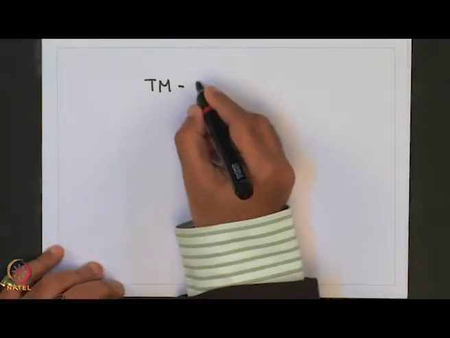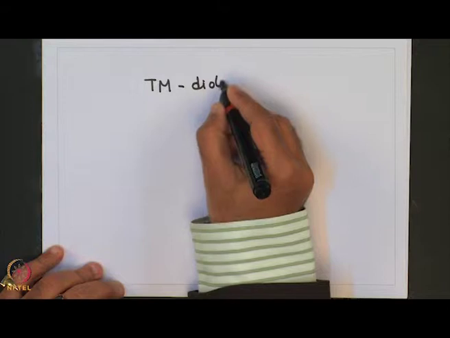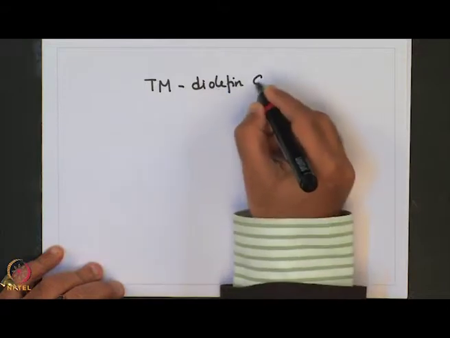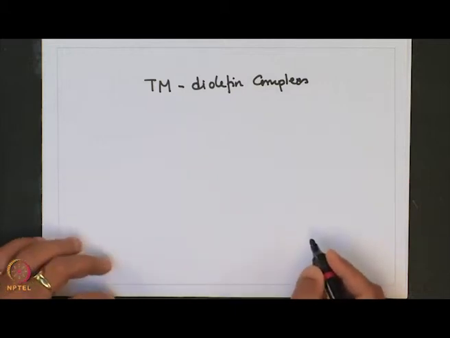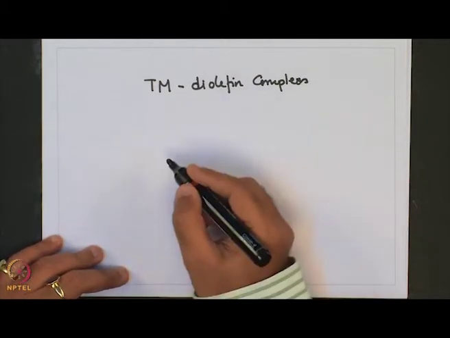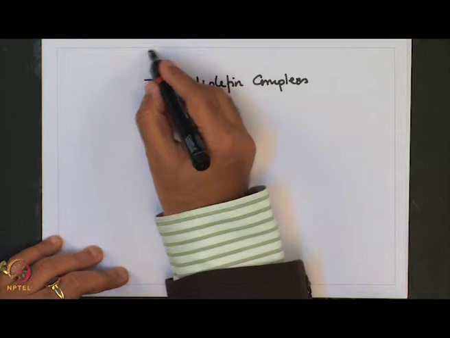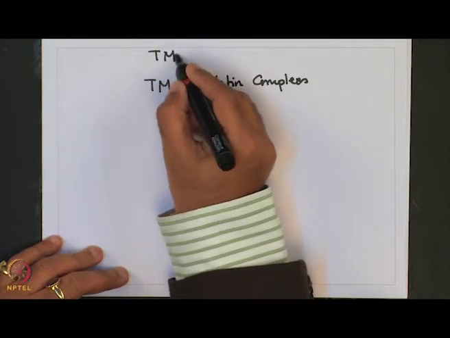Welcome to this lecture on transition metal organometallic chemistry from principles to applications. We have been discussing an important type of organometallic compounds, particularly the transition metal diolefin complexes, in the pretext of the transition metal olefin complex.